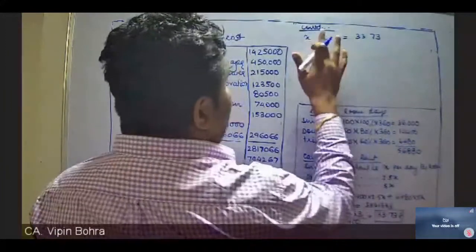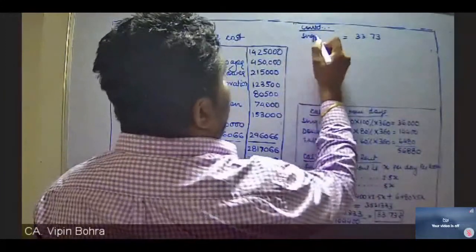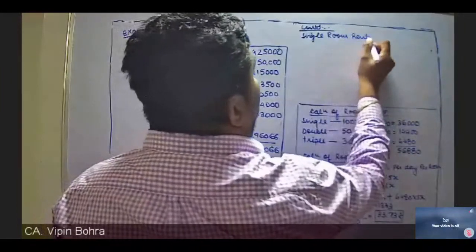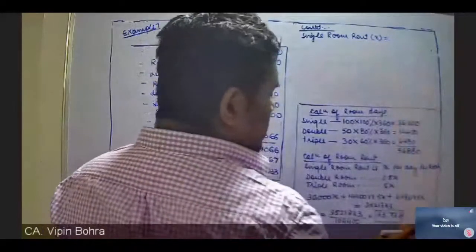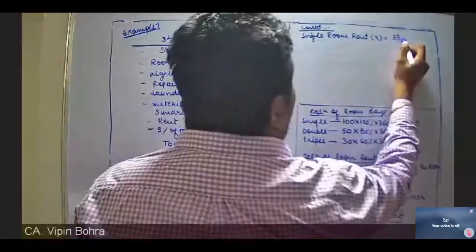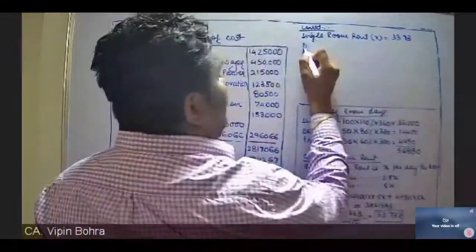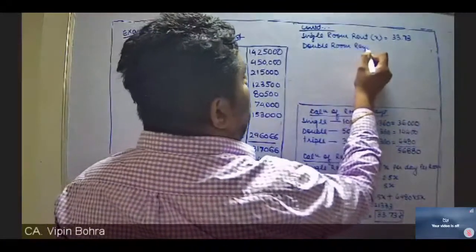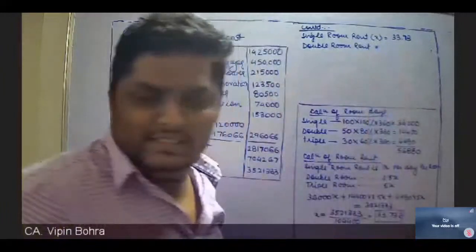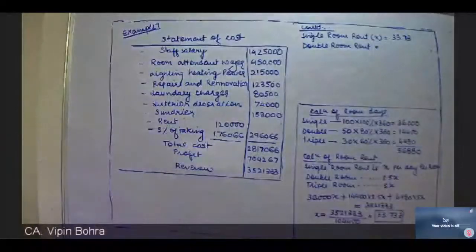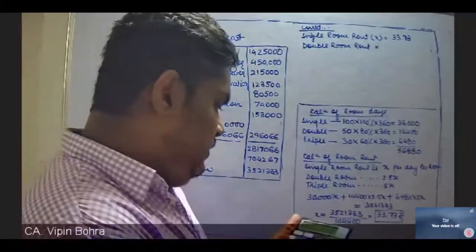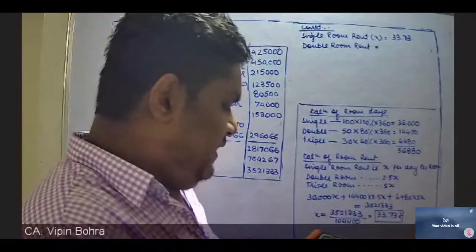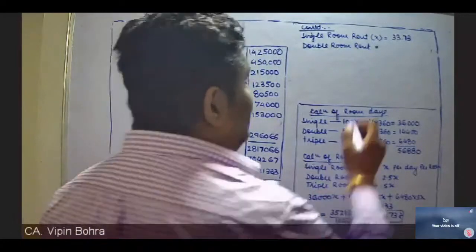So x is the single room rent, $33.73. So double room rent will be how much? $33.73 into 2.5 times. So 84.325.